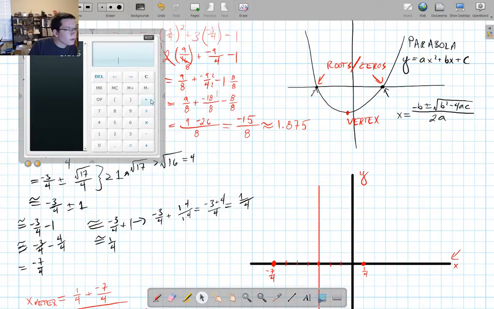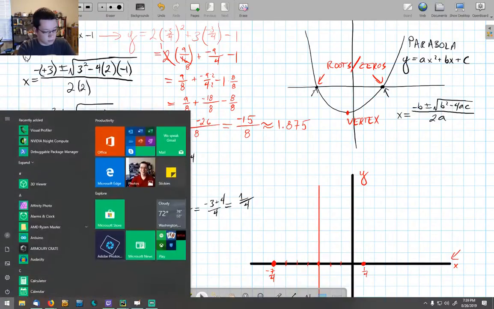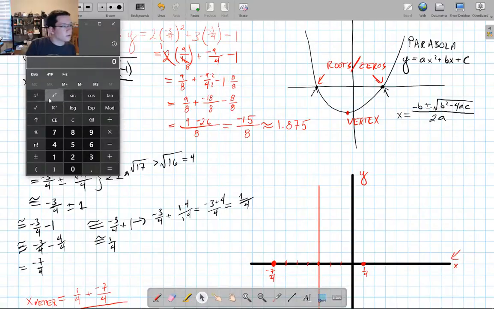Is there not a square root function on this calculator? Am I missing it? There is not. All right. Square root of 17 divided by 4 is 1.03, which I think is close enough for our purposes.